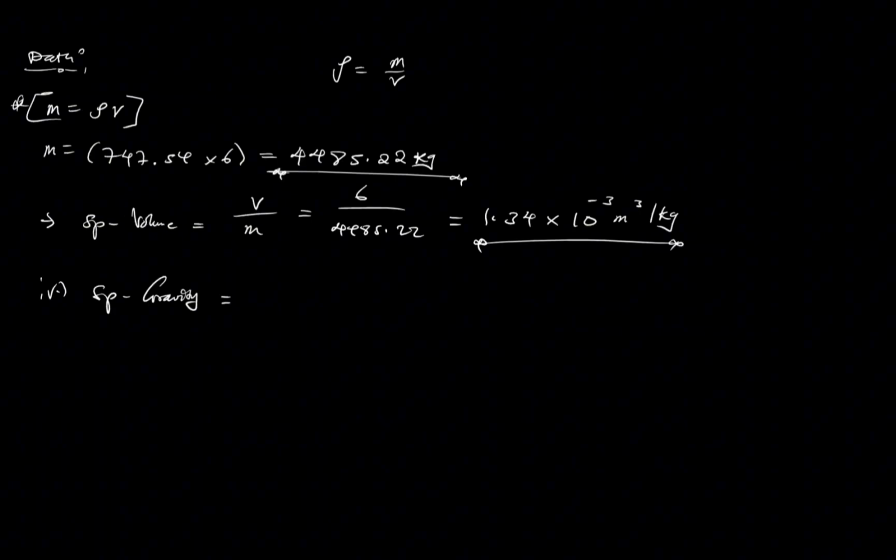Since it's in kilonewtons, we need to convert it to newtons by multiplying by 1000, divided by the specific weight of water, which is a standard value of 9810 newtons. If we compute this, we end up with a specific gravity of about 0.75. And that is our specific gravity.